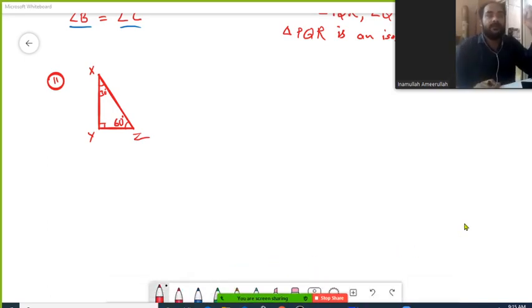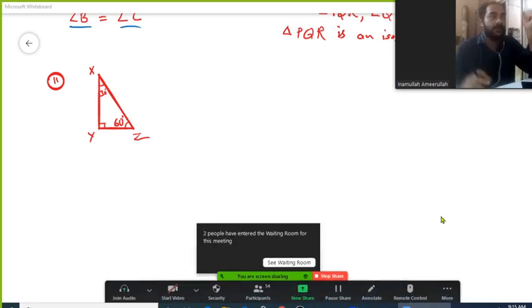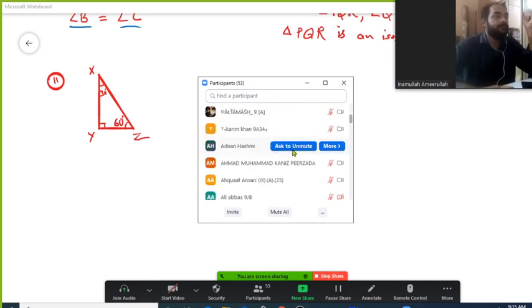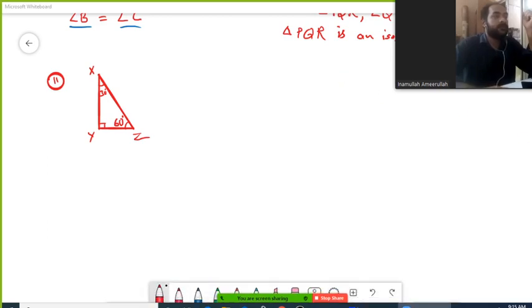First, we have already studied the Pythagoras theorem, right? We are using the Pythagoras theorem to find the missing side of a right angle triangle. Since this XYZ is a right angle triangle, you can use the Pythagoras theorem as well.